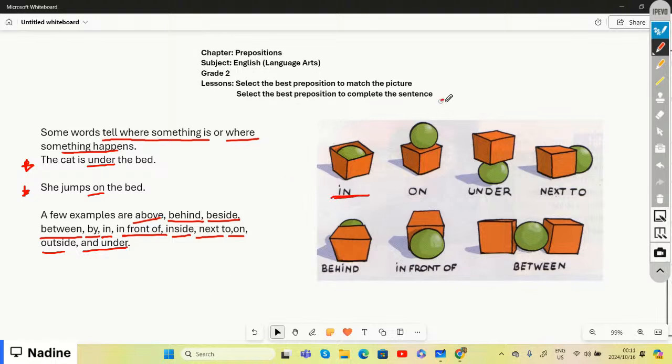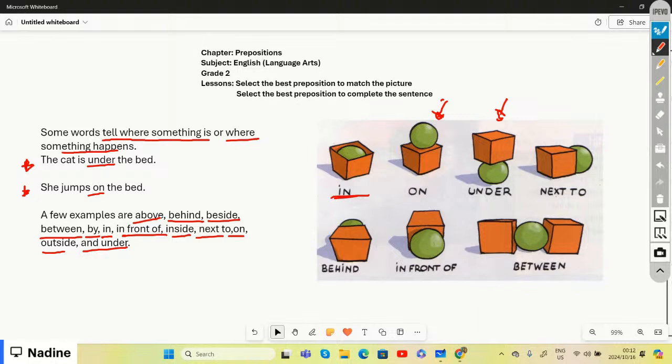Look at where the second one is. The second ball is on top of, we can say it's on the box. And then if we look at the next one, where is the green ball?